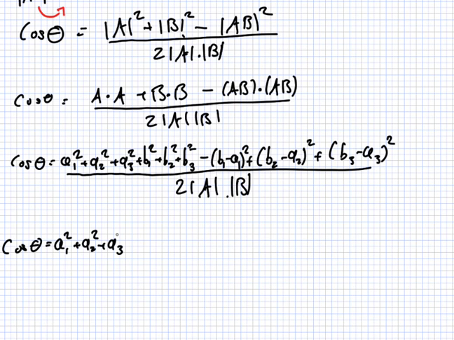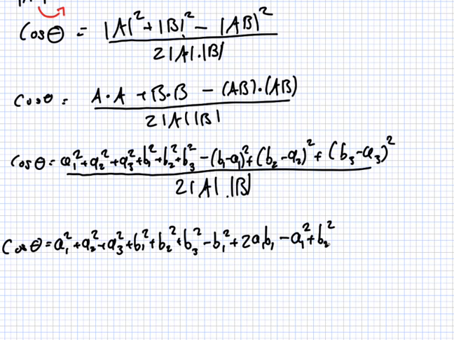So we get cos theta equals A1 squared plus A2 squared plus A3 squared plus B1 squared plus B2 squared plus B3 squared minus B1 squared plus 2A1B1 minus A1 squared. Sorry, just so it's clear, I should have had big brackets here as well because of that.